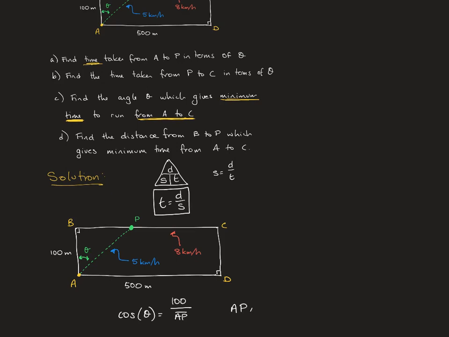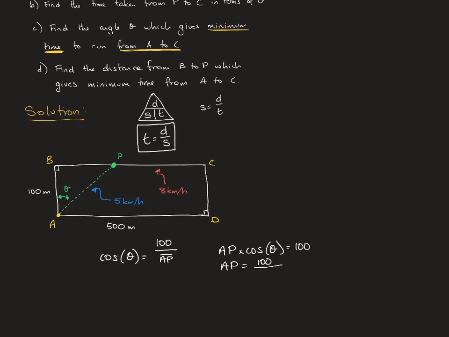So AP times cos theta is equal to 100. So AP is 100 over cos theta.